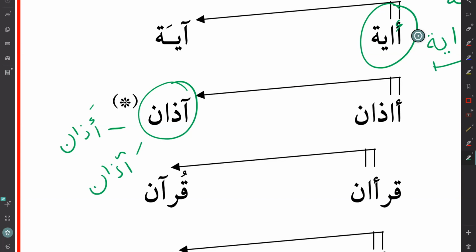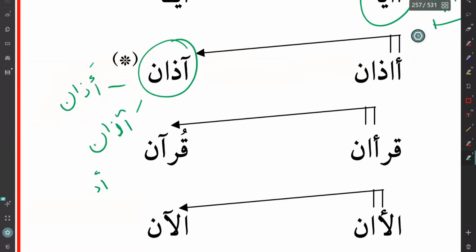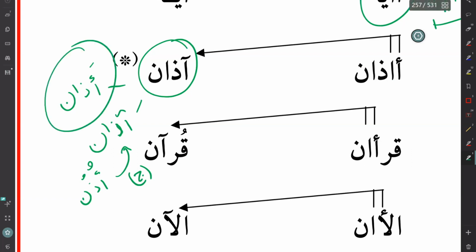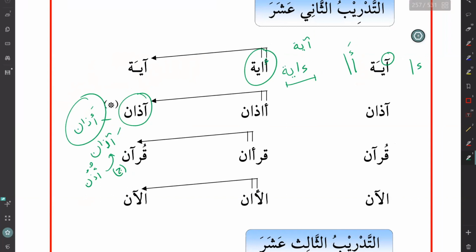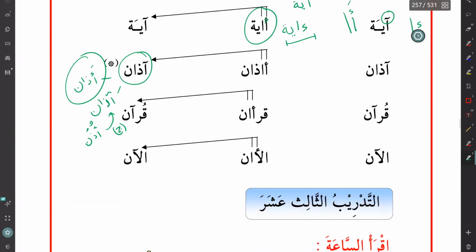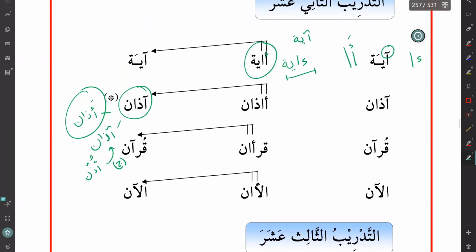Do you know what adhan means? It is the plural of udhun. What is udhun? Ears, yes. For this one we say adhan, and here we say adhan. So you see how pronunciation can make a big difference. So I think you understand these things. This is just how we write.